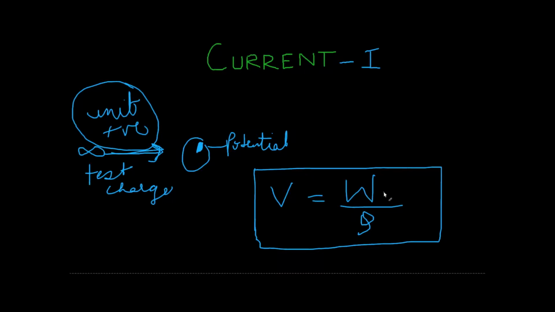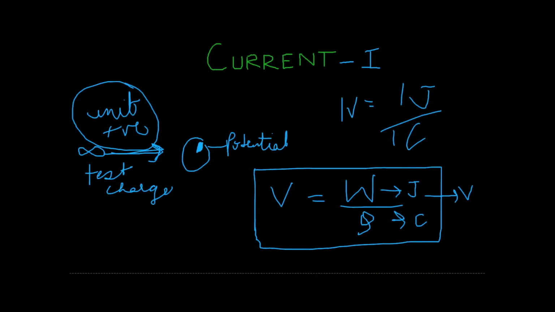So guys, just remember that V is equal to W upon Q, and W has units of joule, I think, if I'm right, and charge has coulomb. That's its SI unit, as I just told you earlier. So joule per coulomb was taken as volts, which was V. So guys, 1 volt is equal to 1 joule upon 1 coulomb. Now that's again something that you have to learn.